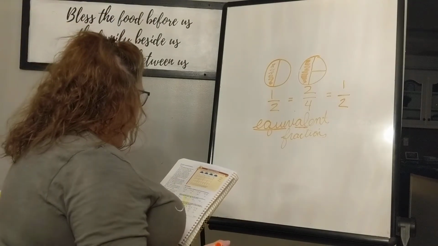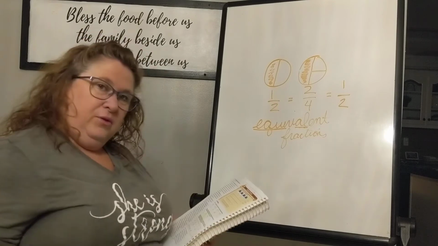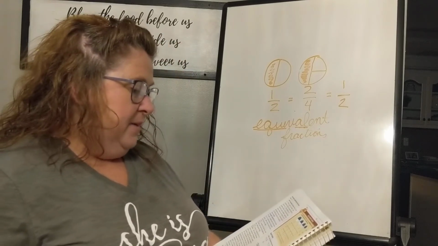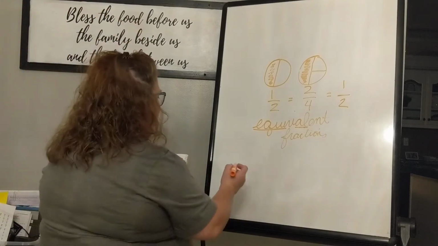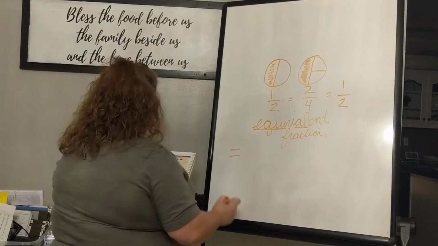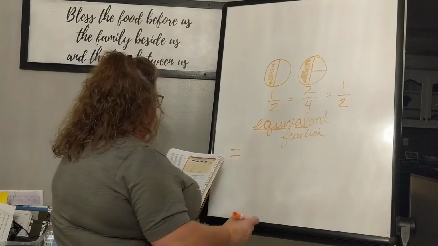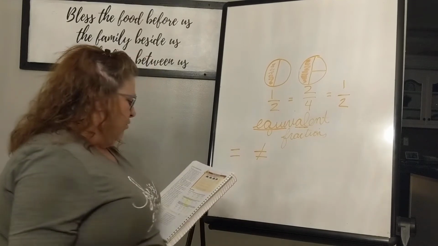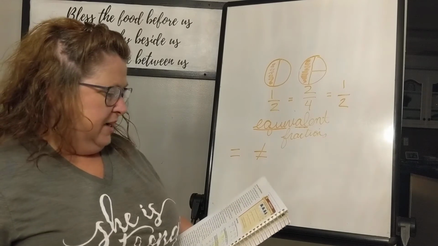All right, so if you look at page 135, go ahead and get your book now and open it up. We're going to start at section A. It says write equal for equivalent fractions, and this is the not equal sign, not equal for unequivalent fractions, okay?